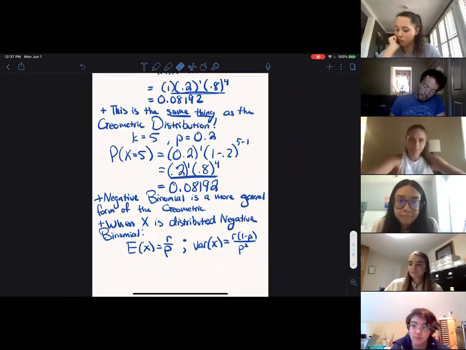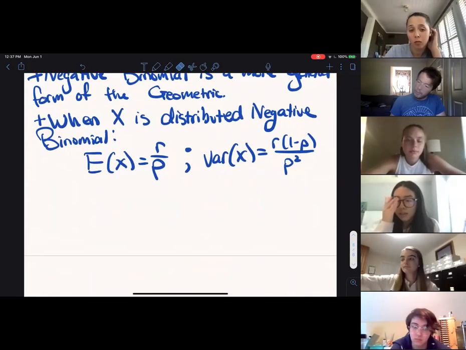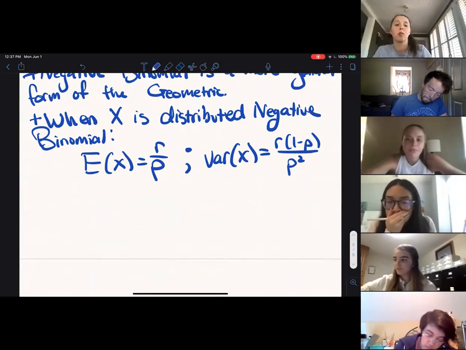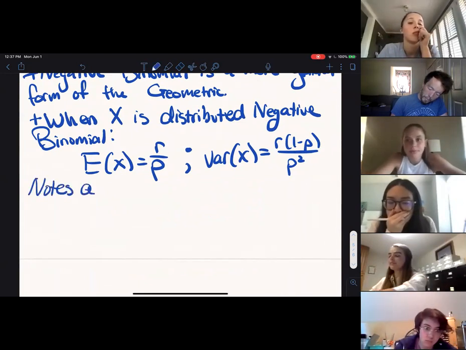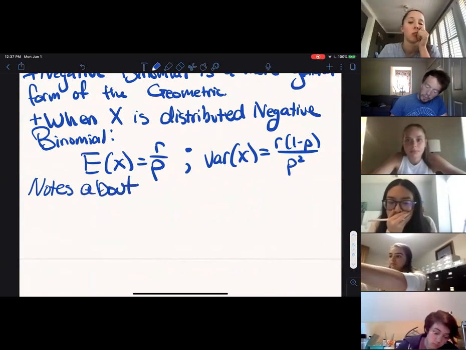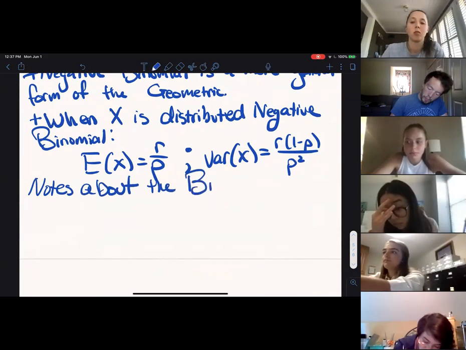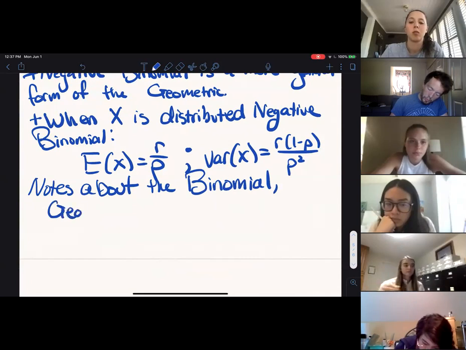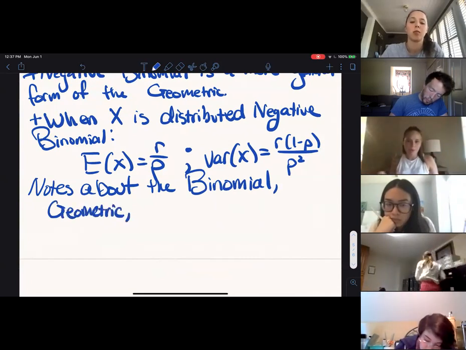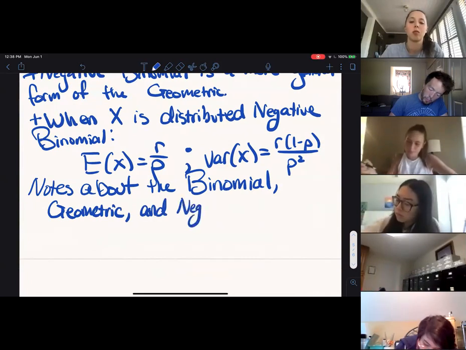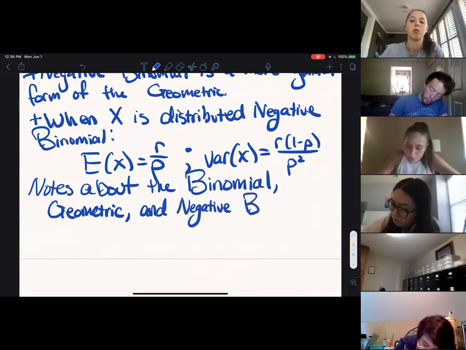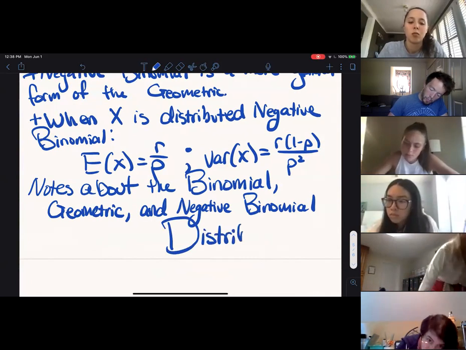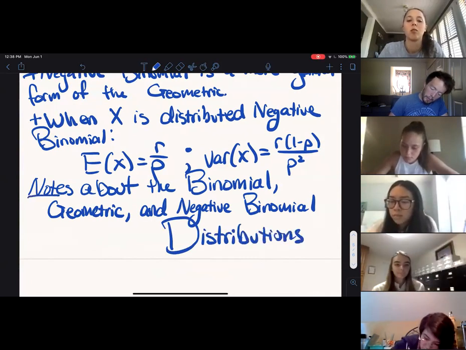I have a note I want to make about some of the discrete distributions, and then we're going to move on to a continuous one. Wow, that was a long title.